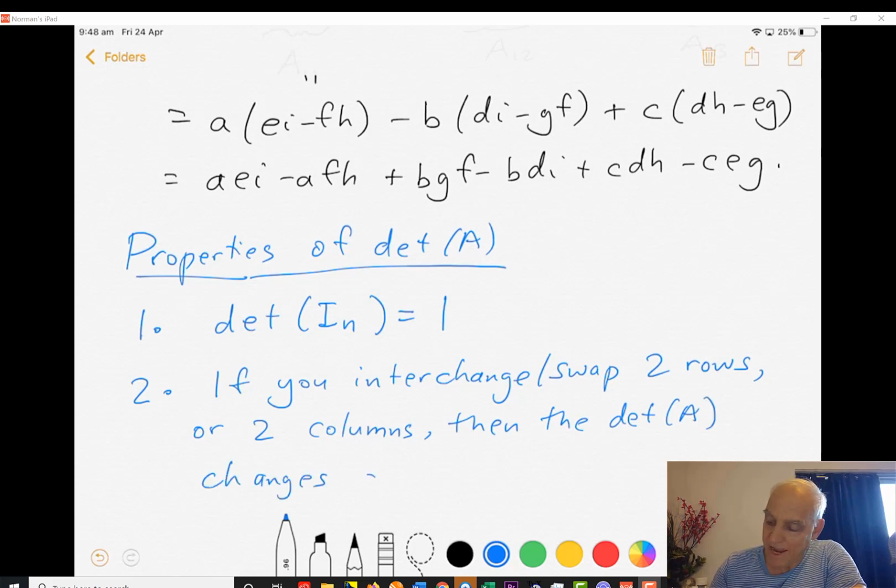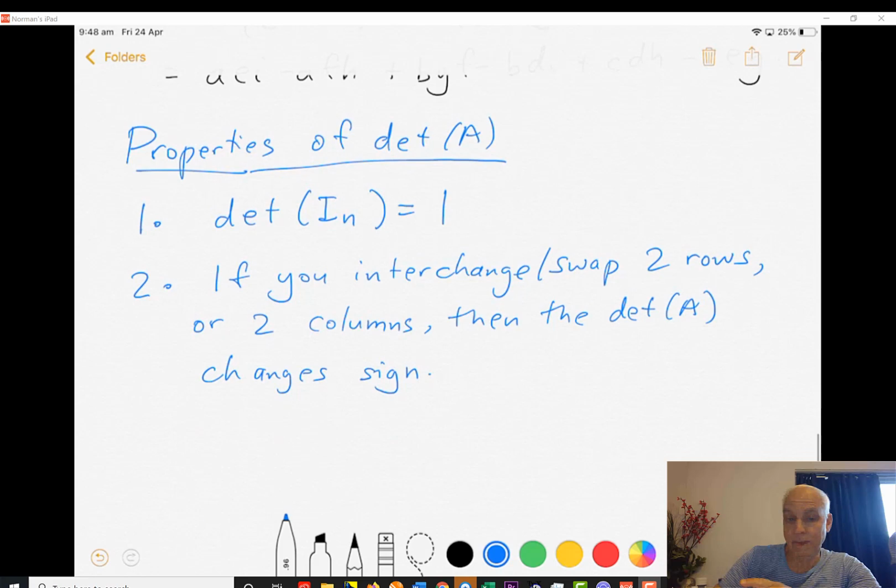In other words, it becomes the negative of what it was before. Interchanging two rows, you multiply the determinant by -1. Or interchanging two columns, you multiply the determinant by -1.